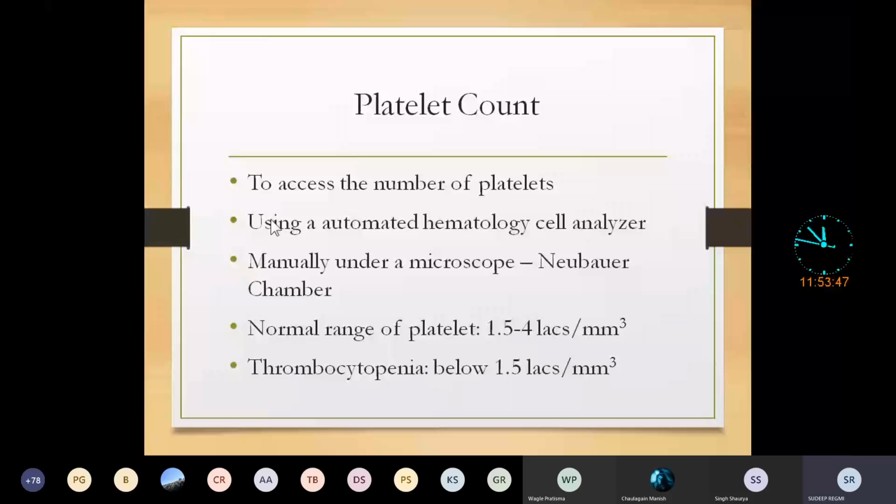So what is a Neubauer chamber? How the counts are done in the Neubauer chamber, that you will know after coming to the college and while we do the practicals. The normal range of the platelets, we have already talked, is 1.5 to 4 lakhs per cubic millimeter, and thrombocytopenia is below 1.5 lakhs.